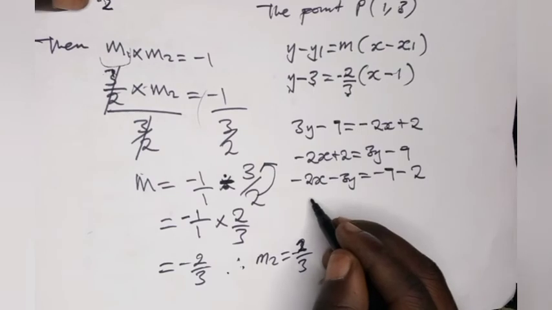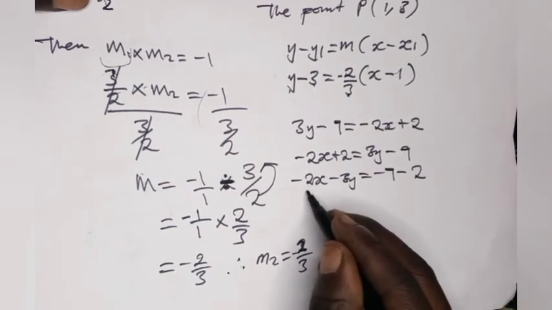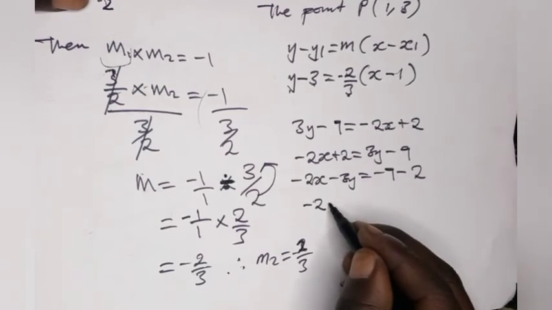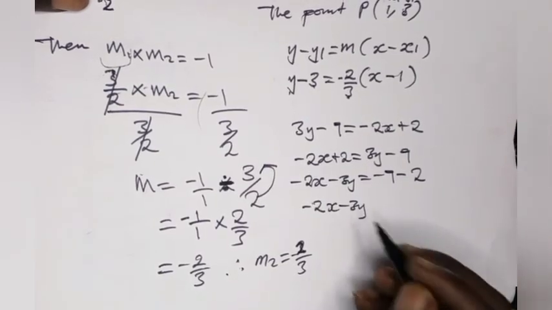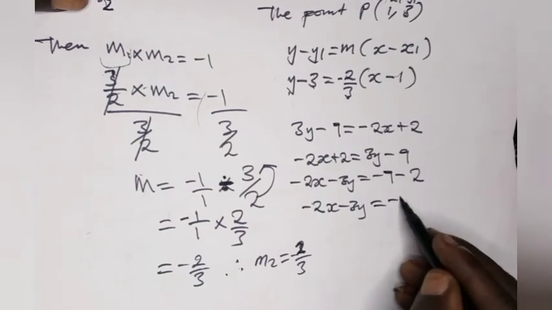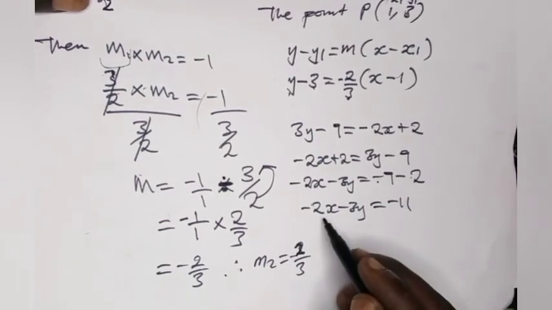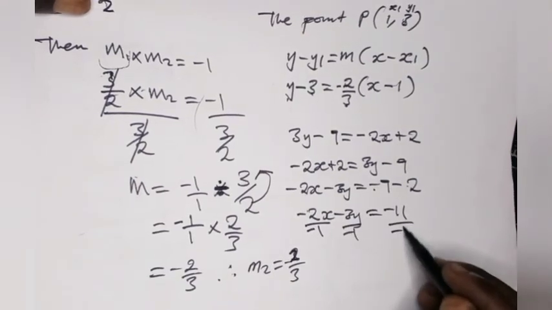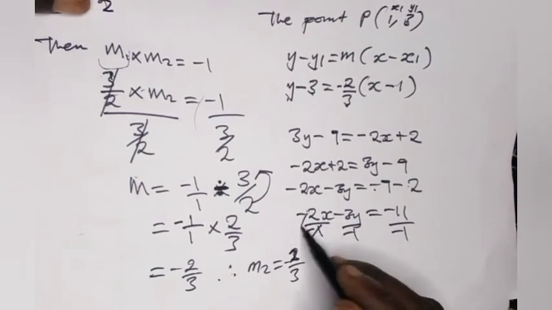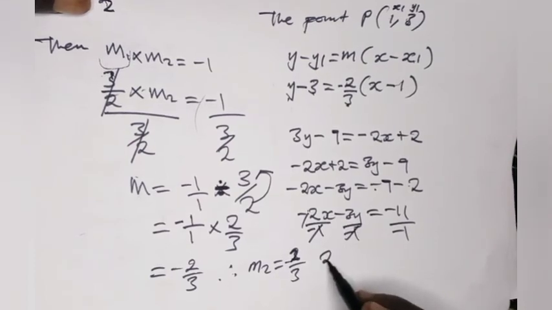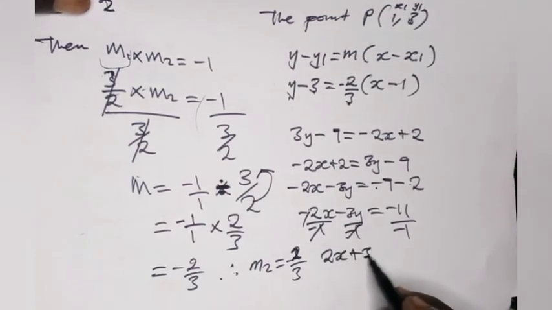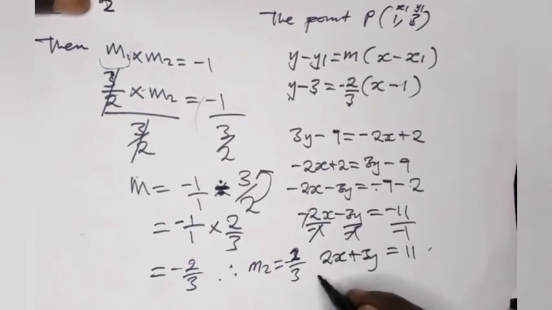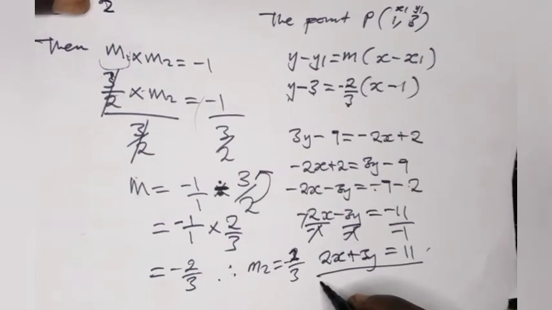So here it will be negative 2x minus 3y equals minus 11, because there are 2 signs of negatives. So we divide by negative. So it will be 2x plus 3y equals 11. So that's the final answer.